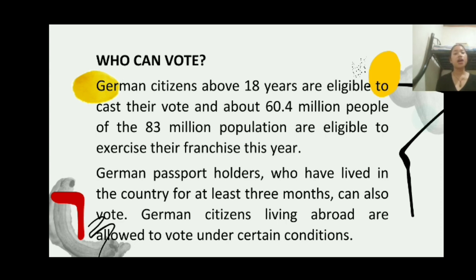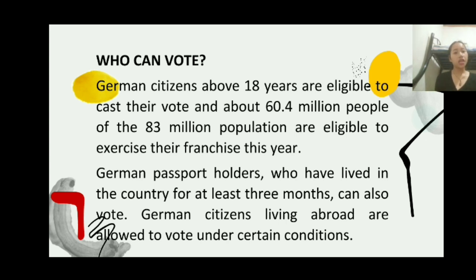So it is the same as in the Philippine system. Citizens aged 18 and above can cast their vote. German passport holders who have lived in the country for at least 3 months can also vote. German citizens living abroad are allowed to vote under certain conditions.